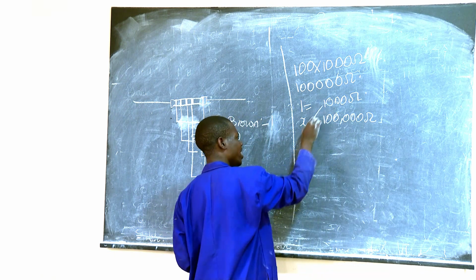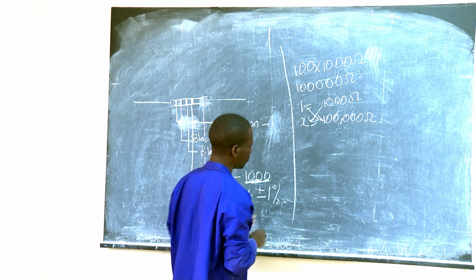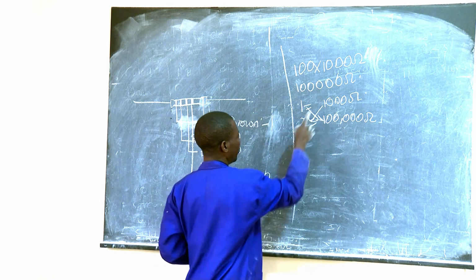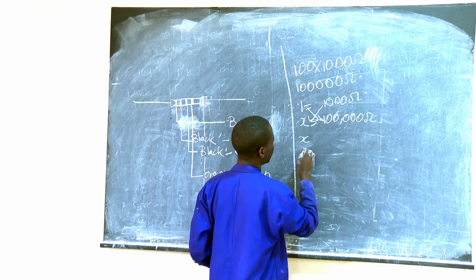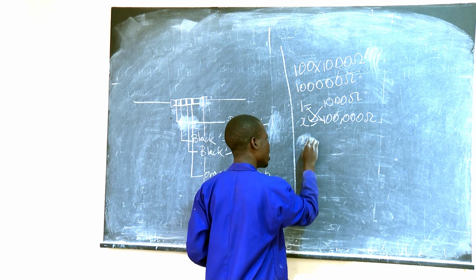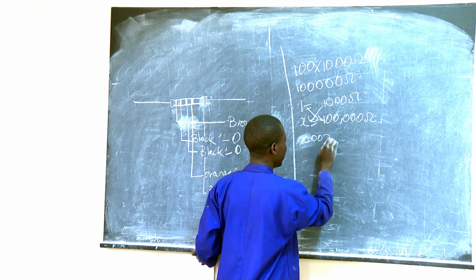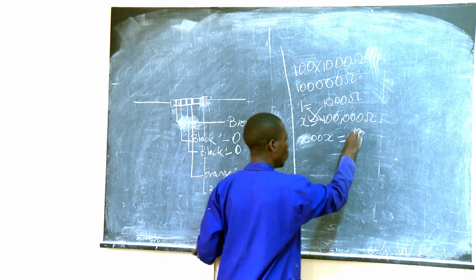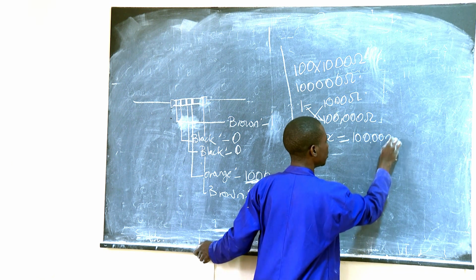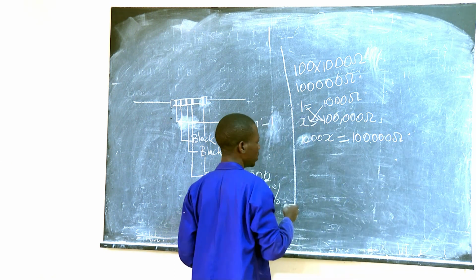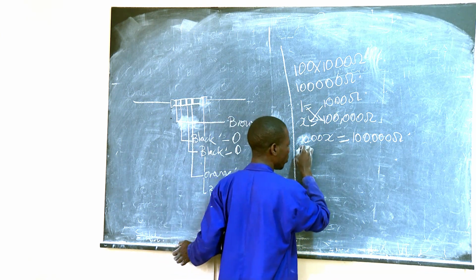So we need to convert this. Then you cross multiply. Are you getting me? After cross multiplying, this one becomes x, and this becomes 1,000. So 1,000 x is equal to 100,000 ohms.